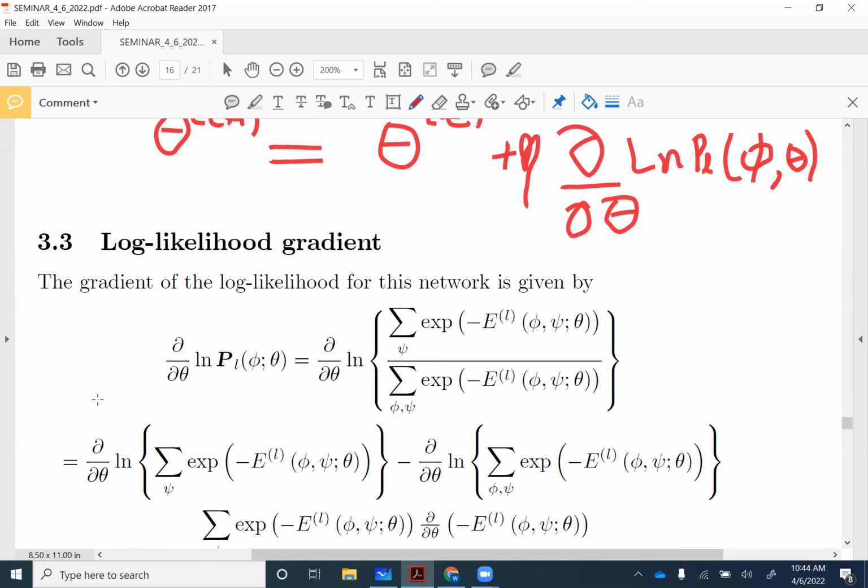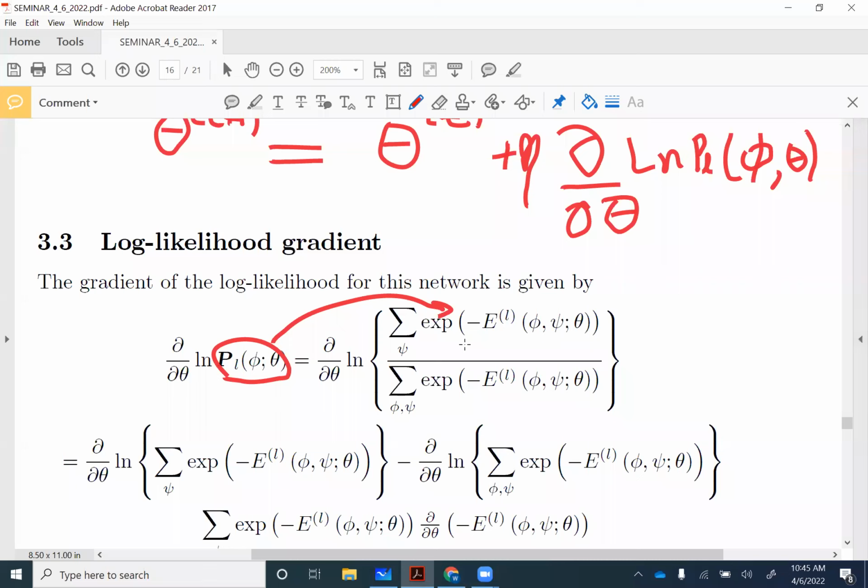This is very simple. We have to compute the partial derivative with respect to theta. Remember that theta is a list of parameters, so this is just a symbolic notation. Now we can compute this probability by using this expression.